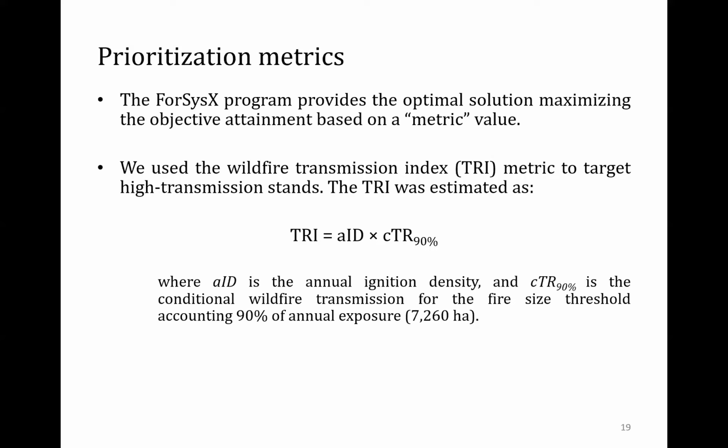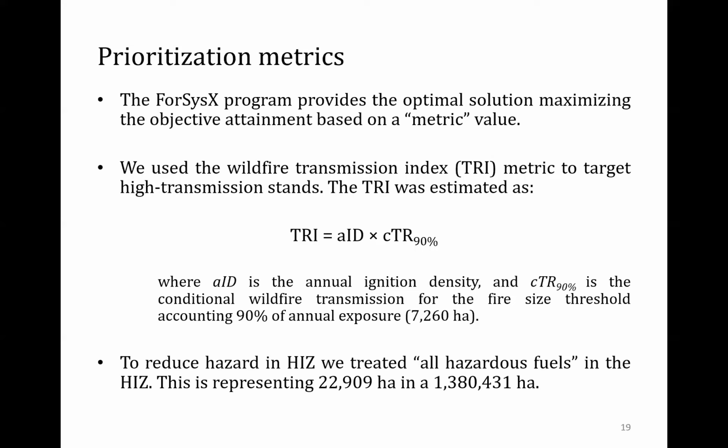And then we have the conditional transmission at pixel level for this specific fire size, to understand how many housing units are exposed given a fire of 7,260 hectares. In order to reduce hazard in the home ignition zone, we treated all fuels because this was not representing a substantial area in the study area.